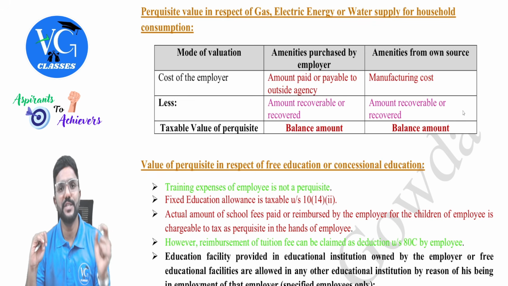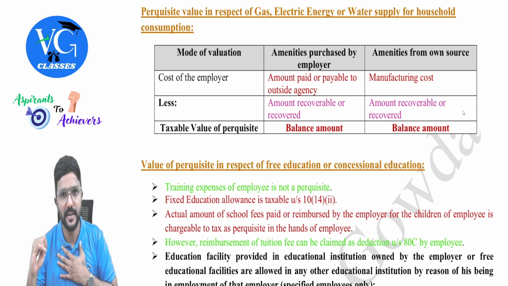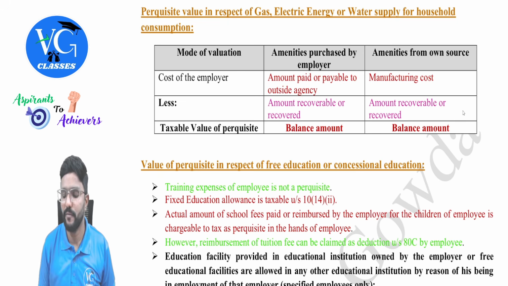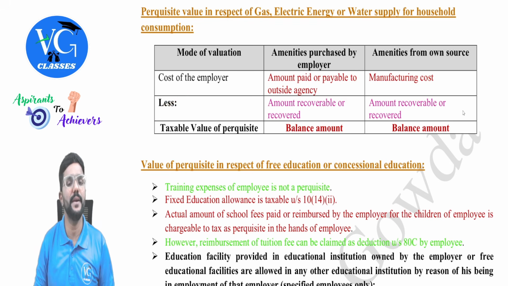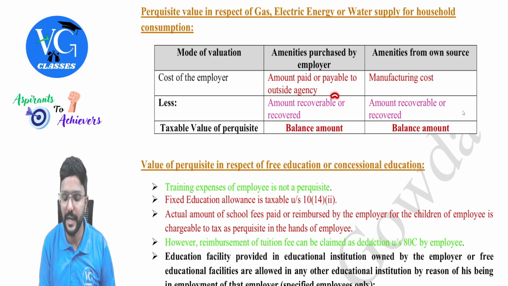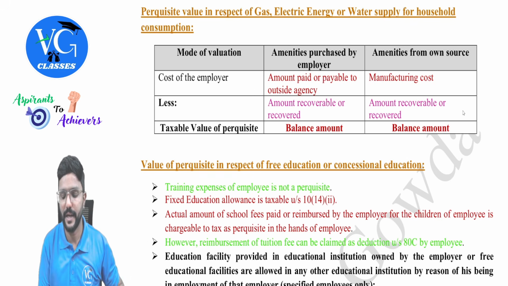But whatever is the cost of generating that water, which is supplied to me and enjoyed by me freely, the cost of generating or supplying that will be taxable as perquisite in my hands, guys. And in both cases, if any amount is recovered from the employee, we have to reduce it. The balance will be taxable. And if the question is silent about this, guys, you just ignore it, and the entire amount will be taxable in that case.